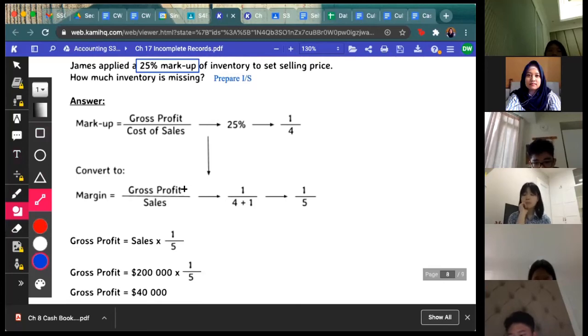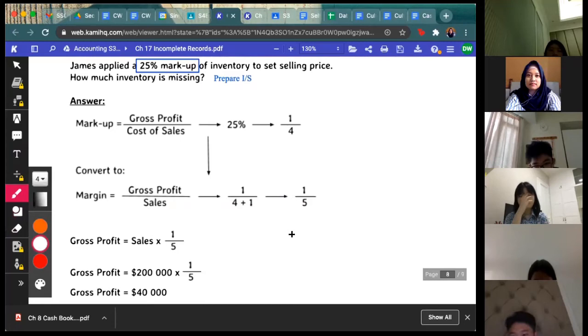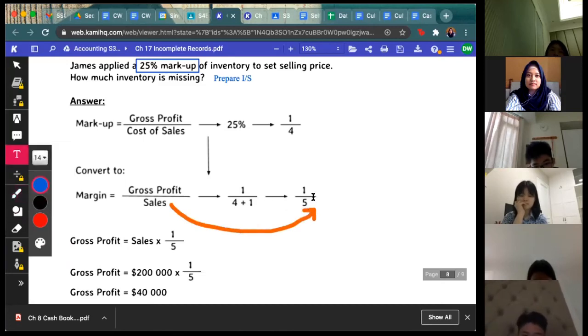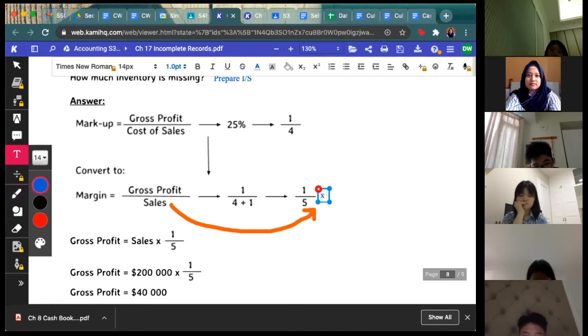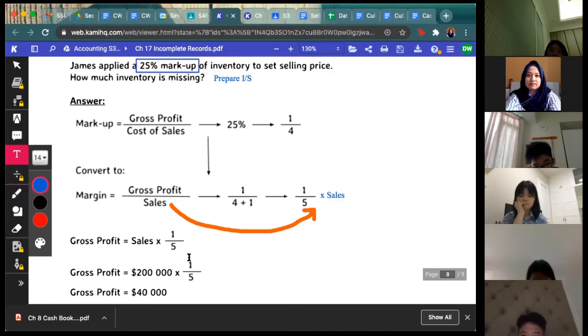If gross profit is 1 and sales is 5, to find gross profit, sales must be multiplied by that fraction. So gross profit equals sales times 1 over 5.